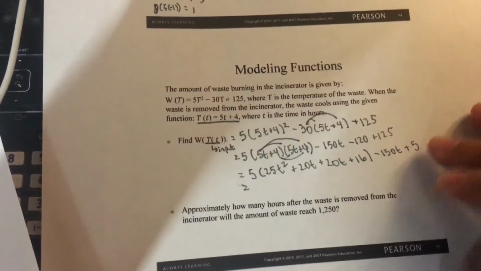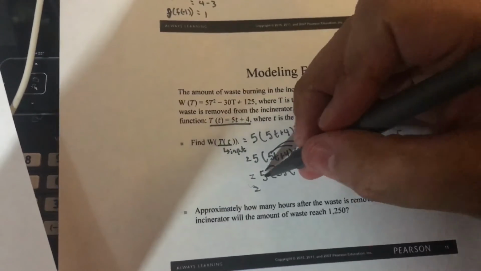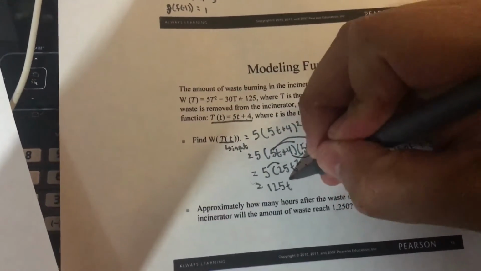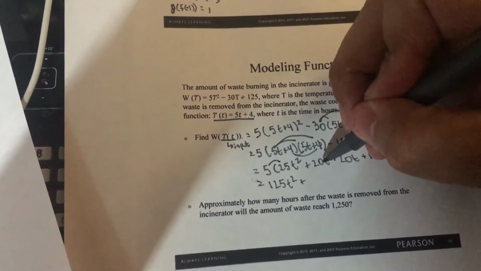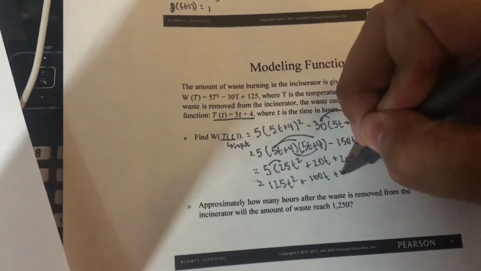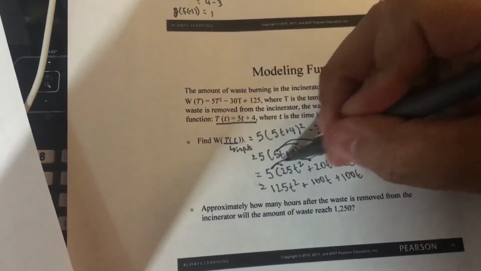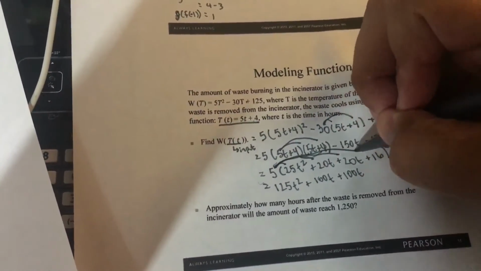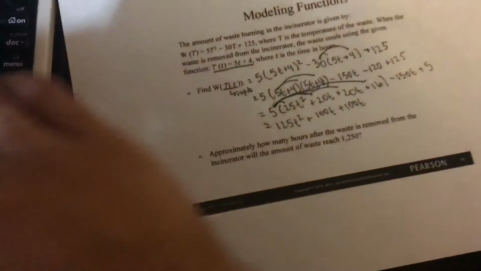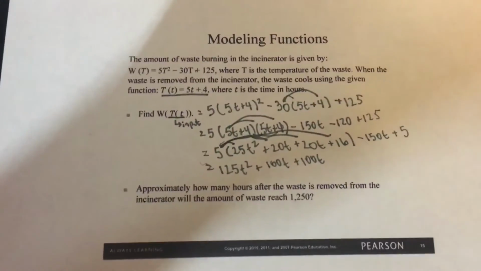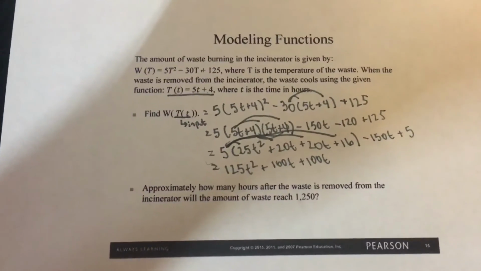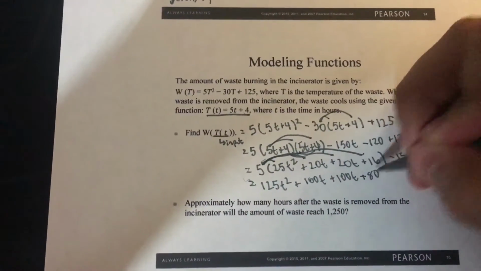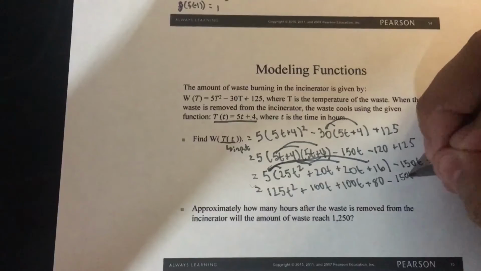So right here, continuing, this would be 125t squared plus 100t plus 100t, and then 5 times 16. I'm actually not too sure what that number is, so I'm going to go ahead and put that in the calculator. Okay, that's 80, minus 150t out here plus 5.